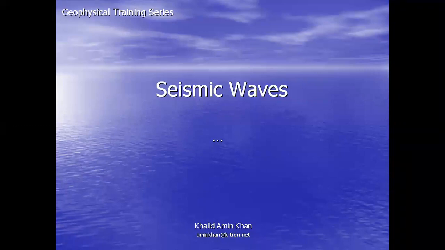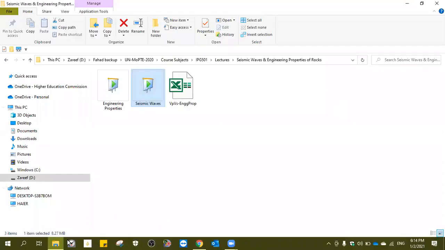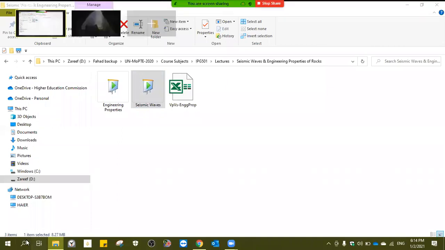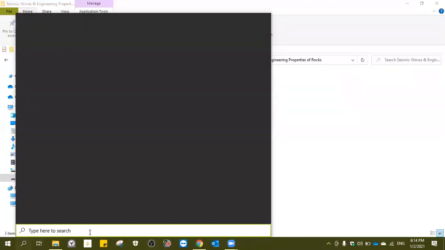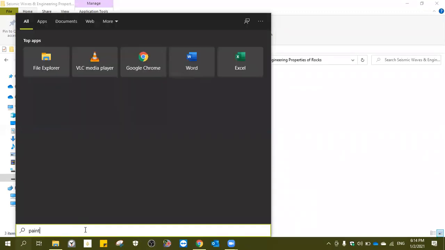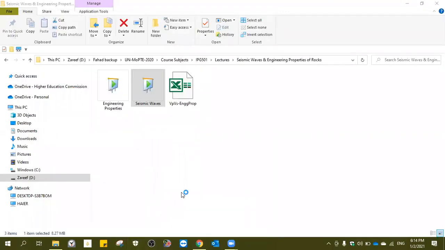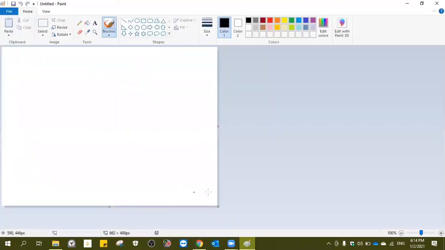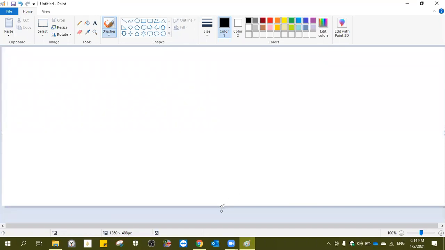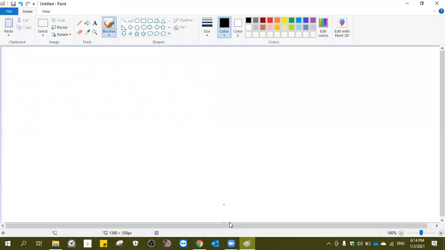Initially there are multiple surveys, but we will carry out only one, and I'm going to use Paint software to show you the different types of seismic survey. So the first method to explore your basin or your block is the seismic survey.